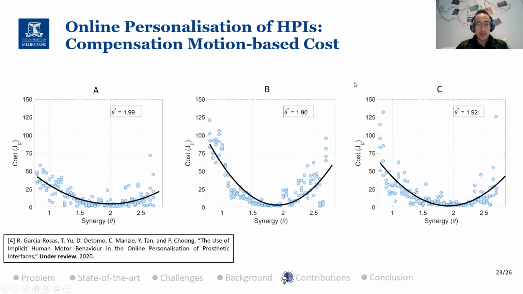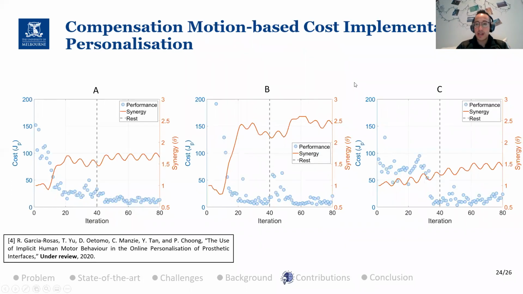Cool. All right. So then we tried it out on people. We tuned the algorithm a little bit because of the change of the cost function, but it largely remains the same. We ran the personalization experiments, getting them to repeat the task while the personalization algorithm, the fast extremum seeking algorithm, is running.